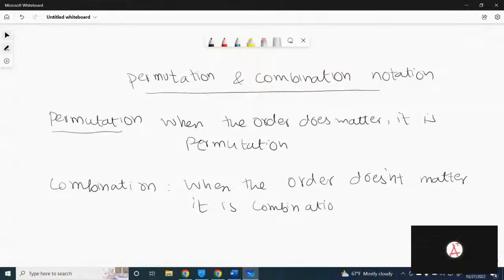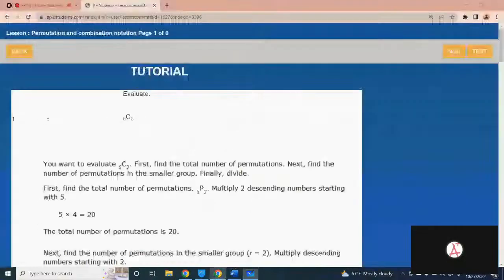Okay, the first example is 5C2. Got it? The C is for combinations. You have to basically find the total number of permutations first, which means you multiply the options.